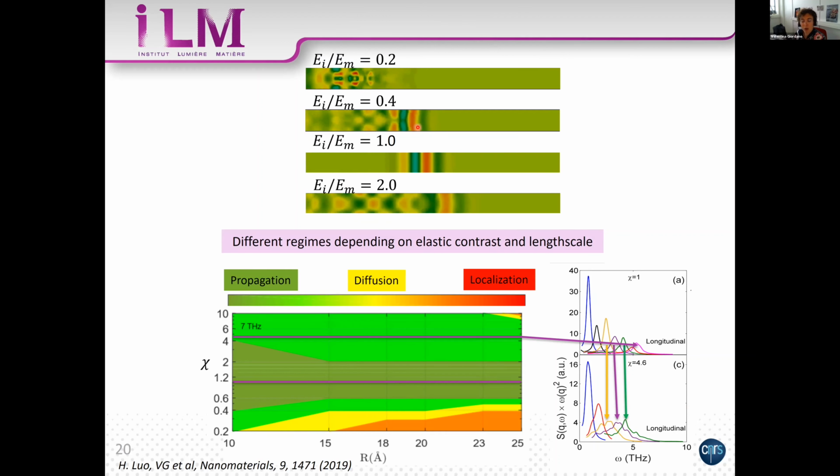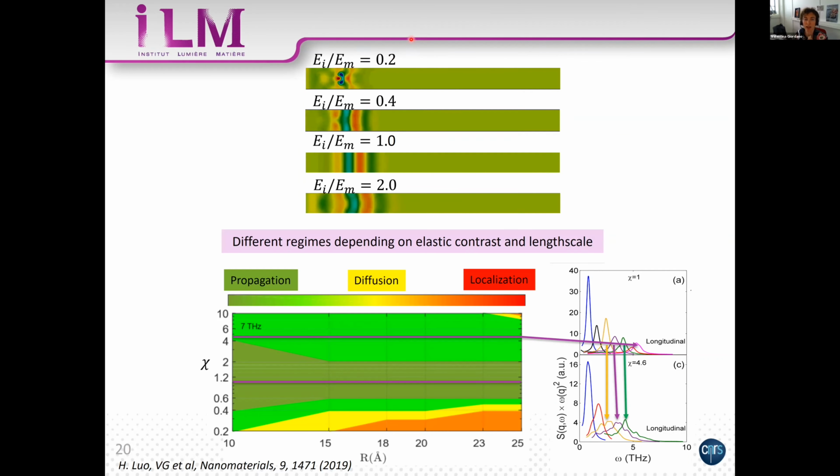If we look now at the systems with a bit of elastic contrast, you see that you still can identify the front end, which propagates, but a lot of energy remains behind. This is a case of diffusive and propagative regime. That is, we still have propagation, but there's energy which diffuses a little bit everywhere.